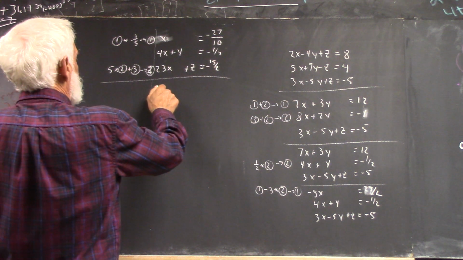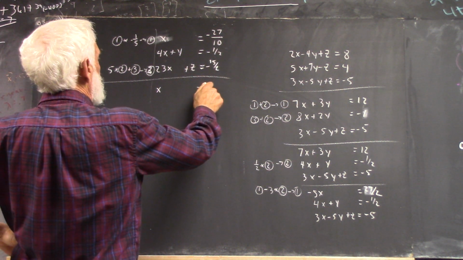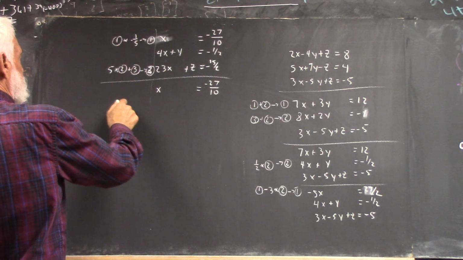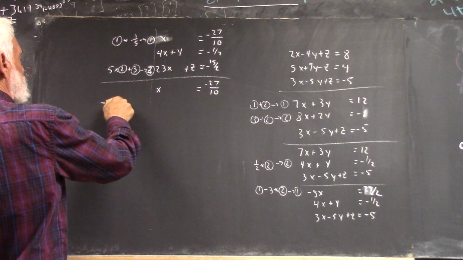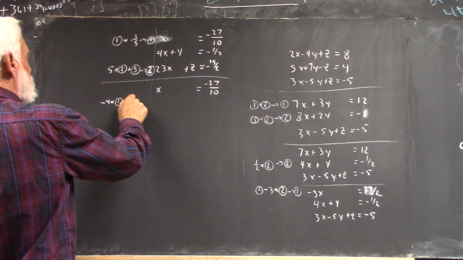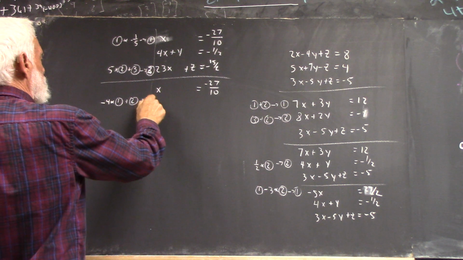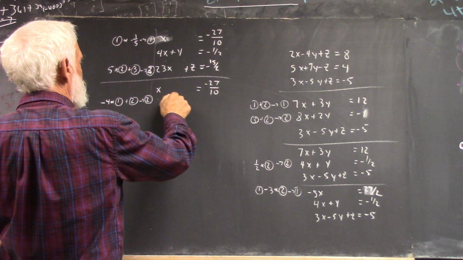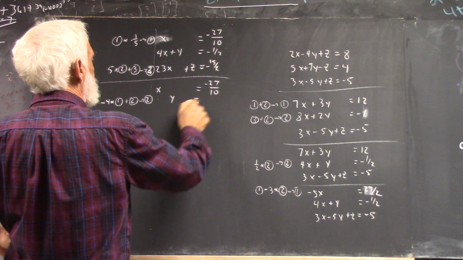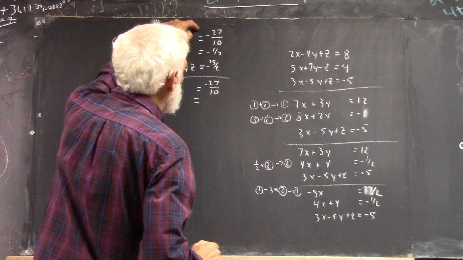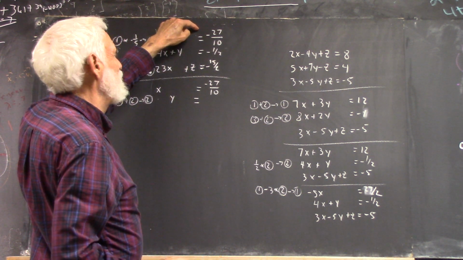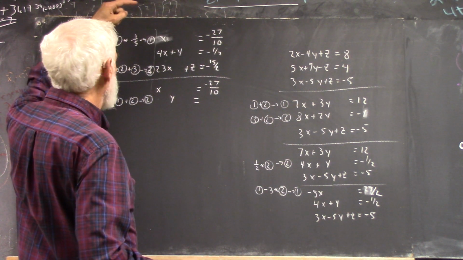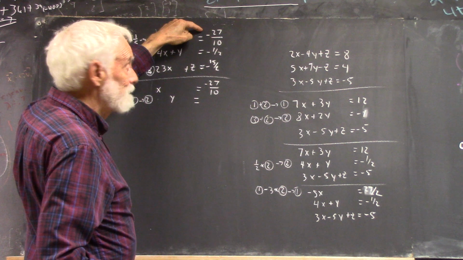So this equation's got to be what it is because we've got a solution here. So that's going to get rid of the x. I'm still going to have a y. And -4 times that is -108/10, which is -54/5.